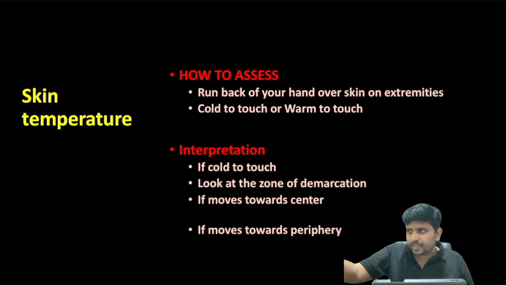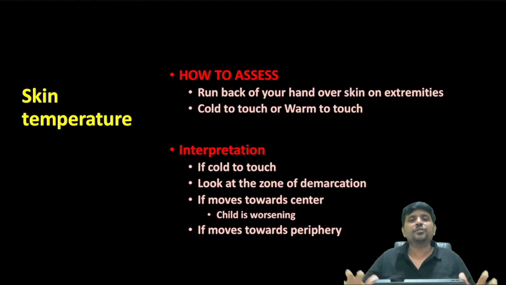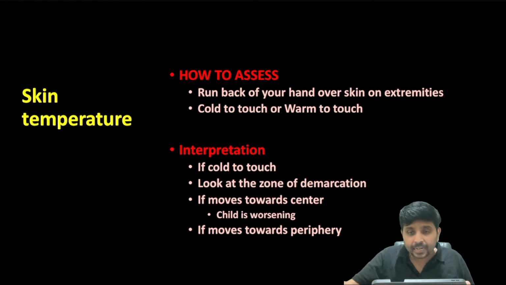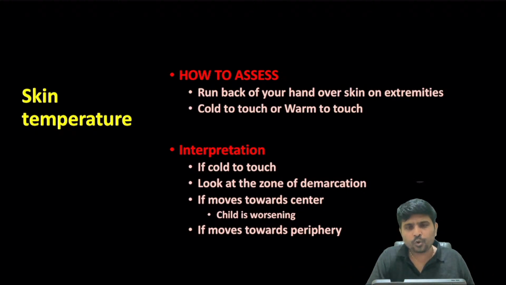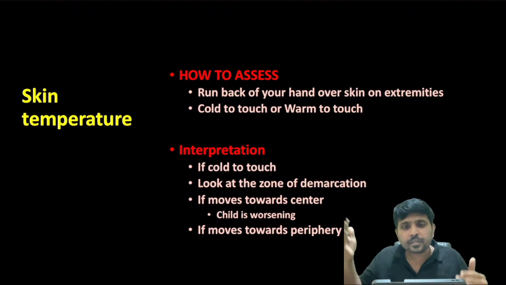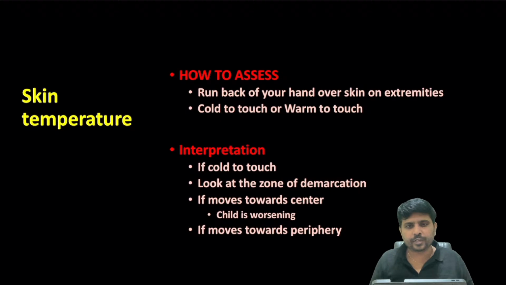If this temperature demarcation moves towards the center, the child is worsening. Ankle cool is relatively acceptable. Shin is cool, still more shock. Thigh is cool, still more shock. So when this line of demarcation moves gradually upwards, the child is worsening.